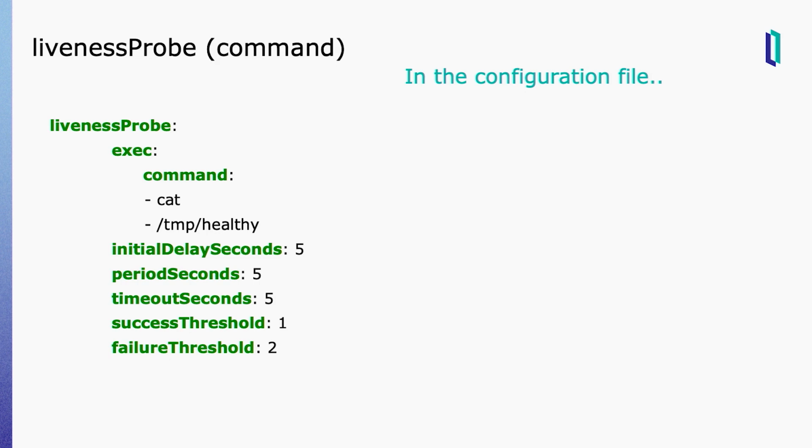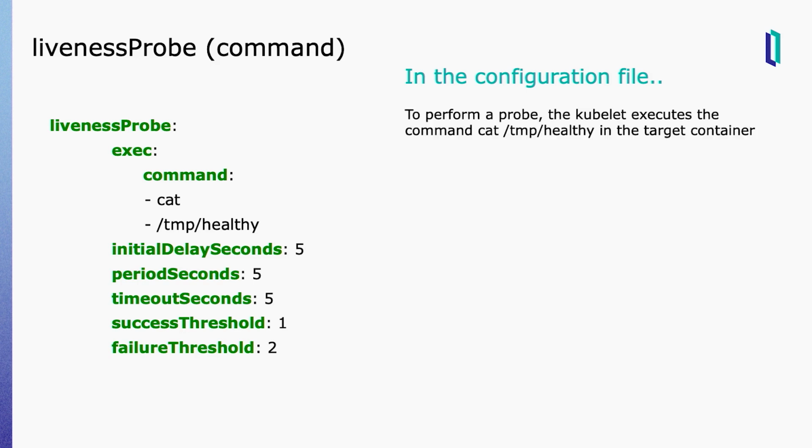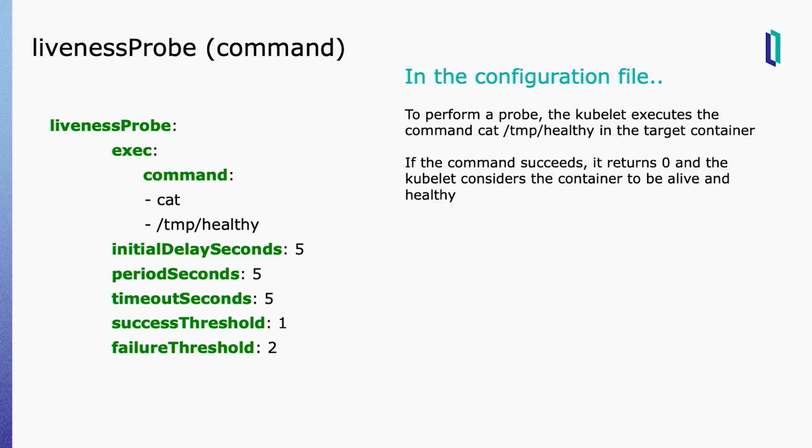And similar to the health check, we can specify if we want an initial delay before we start the probe, giving time for the application to start up and run. We can set how often we want it to run, what our timeouts are, what the success threshold is, et cetera. To perform the probe, it executes the command you specify in the container.